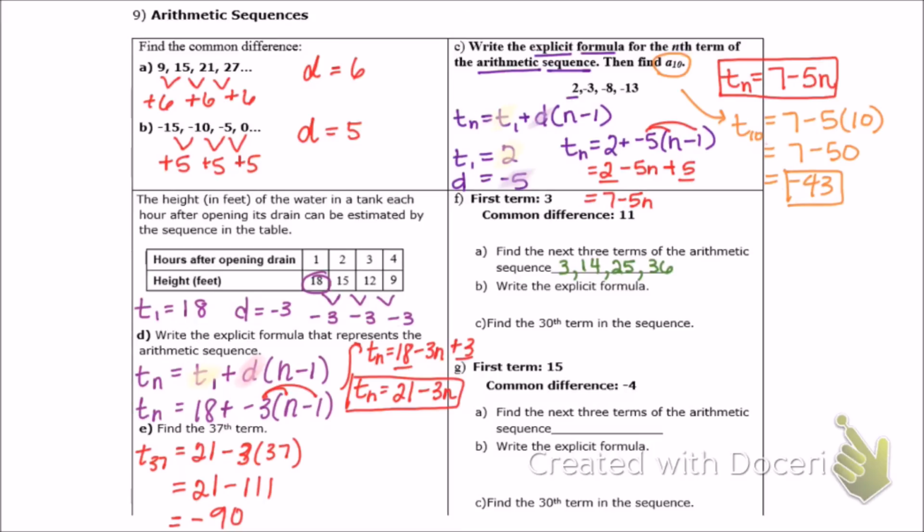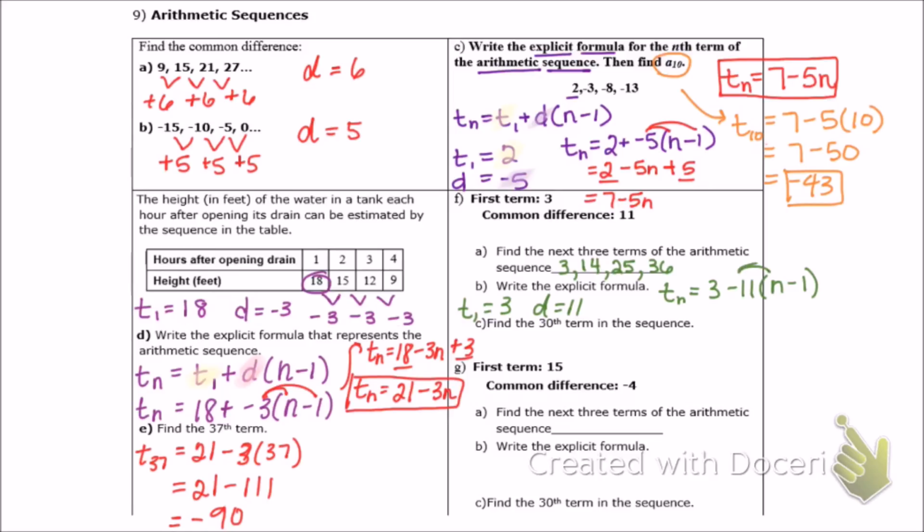Our explicit formula, those are the only 2 things that you need. You need T sub 1, which is your first term. That's given to you as 3, and your common difference, or d, equals 11. So to find our explicit formula, we're going to plug those 2 values in, giving us T sub n equals 3 minus 11, n minus 1. And then simplify.